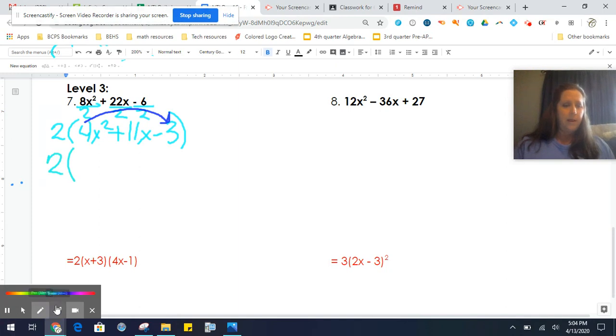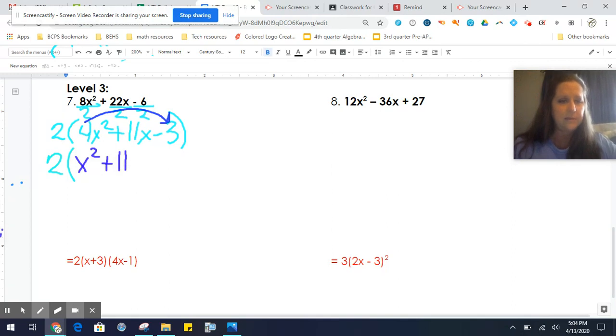But my slide that I just did, the 4x that's sliding to the end, now I'm going to have x squared in the front plus 11x. And now with my slide, I have negative 12 at the end. Now that I have a 1 in front of the x squared, now I can try the factor x.